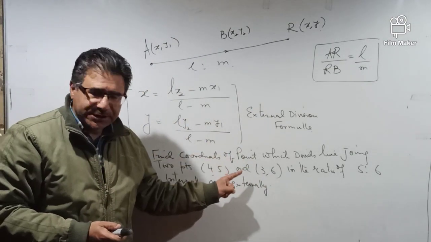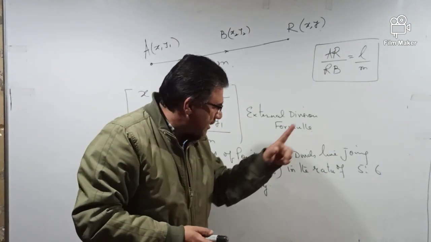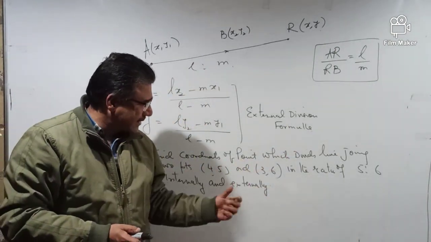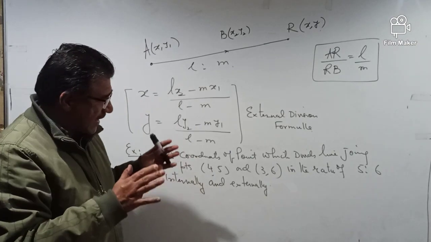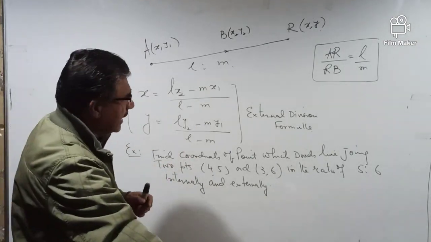Find the coordinates of the point which divides the line joining two points, this and this, in the ratio of 5 is to 6 internally and externally.